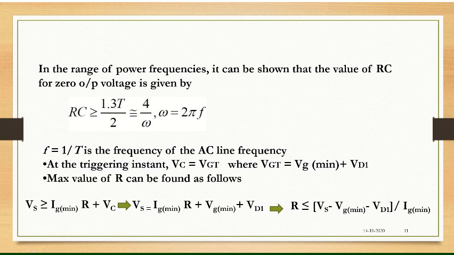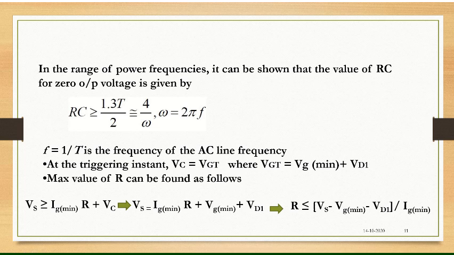If you substitute Vc, which we got as VGT, that is Vg minimum plus Vd1, then you get the R value: R should be less than or equal to Vs minus Vg minimum minus Vd1, divided by Ig minimum.